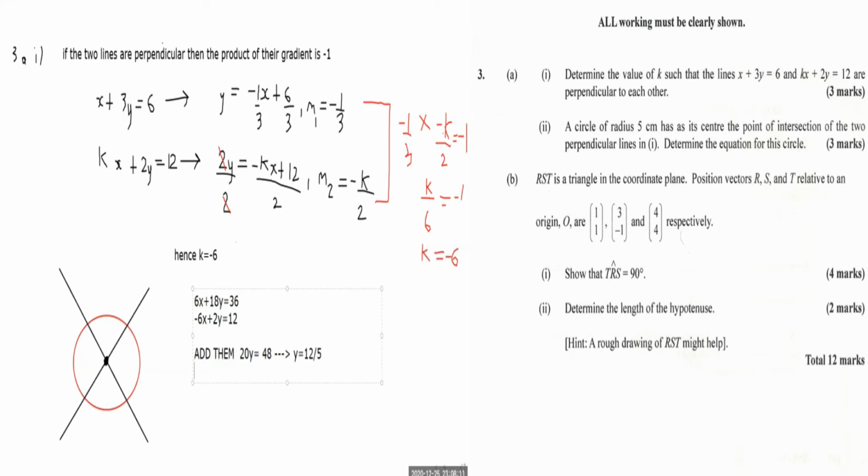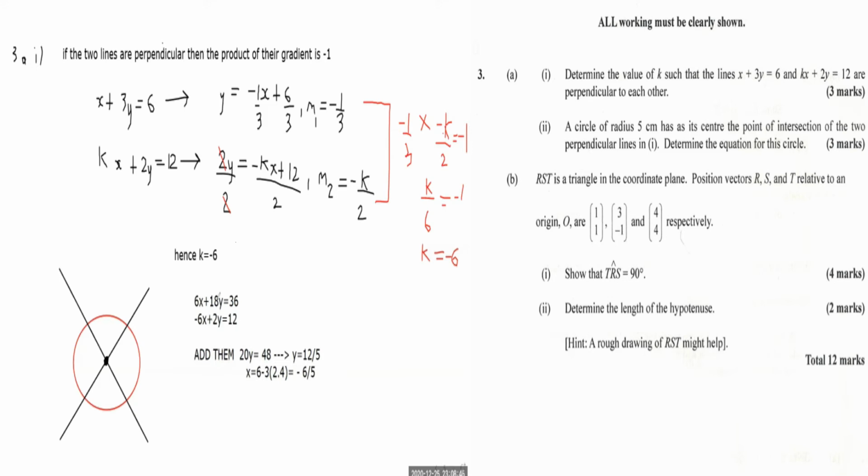Since y is 12 over 5, we can find x, because x is equal to 6 minus 3y. So x is 6 minus 3 times 12 over 5, which is 6 minus 36 over 5, so x is minus 6 over 5.